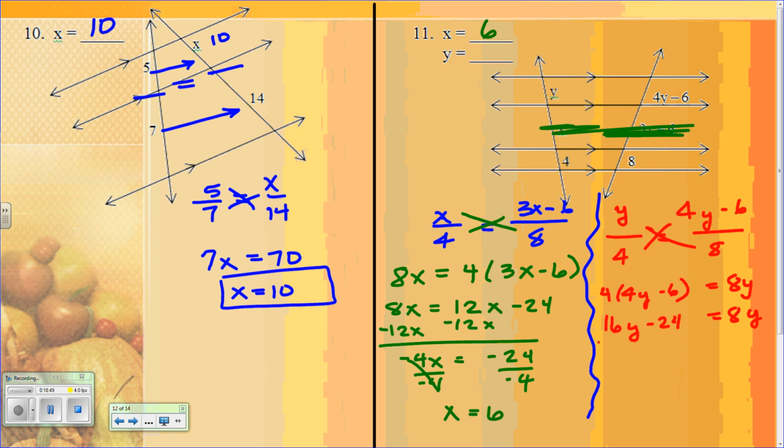So if I move this 16y over here, I get negative 24 equals negative 8y. Divide by negative 8 on both sides. And a negative divided by negative is positive. 24 divided by 8 is 3. So y is 3. So now I know that y is 3.